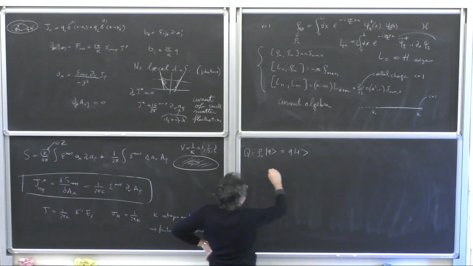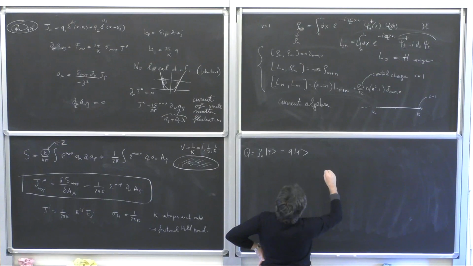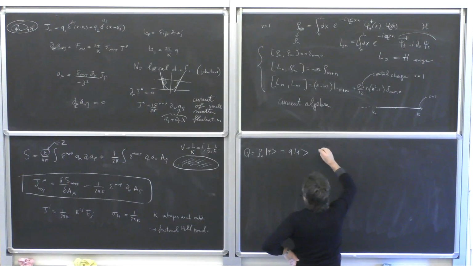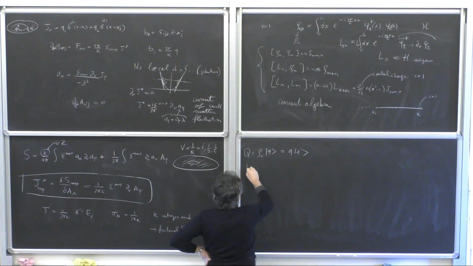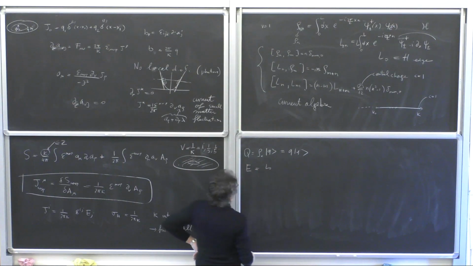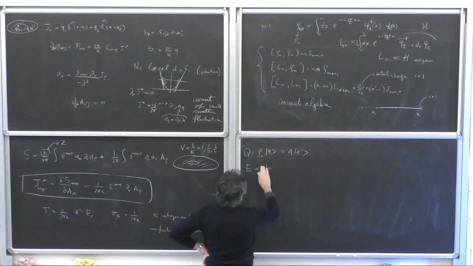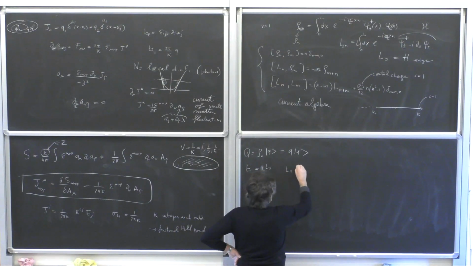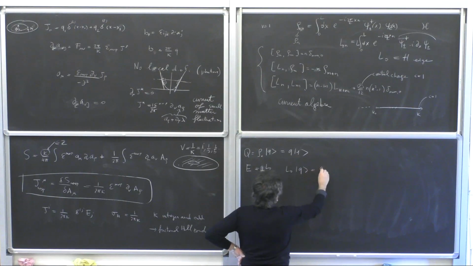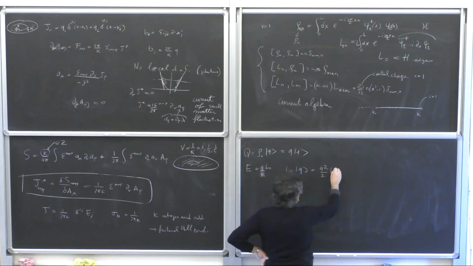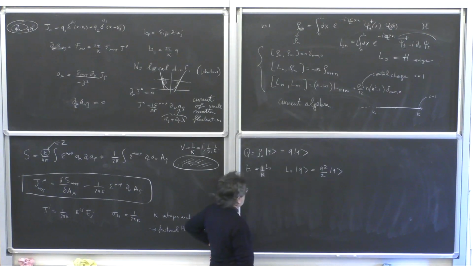The energy is proportional to 1 over L, so the energy of excitations is L0 times 2 pi over L, or if you want 1 over R, and L0 on some charge state is Q squared over 2.